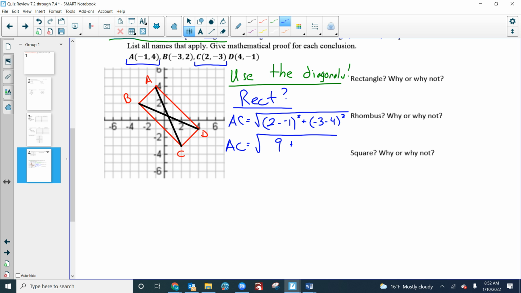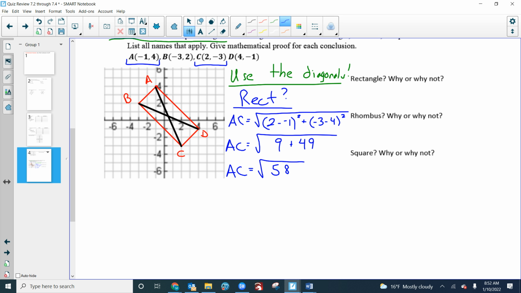Negative 3 minus 4 is negative 7, squared is 49. AC is the square root of 58. Now, I could write that as a decimal, but I don't really care how long it is. All I care is, is it the same length as the other diagonal?